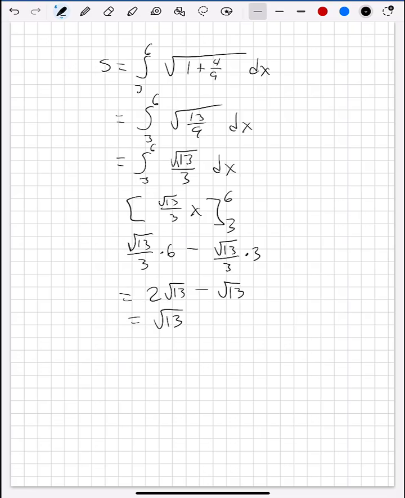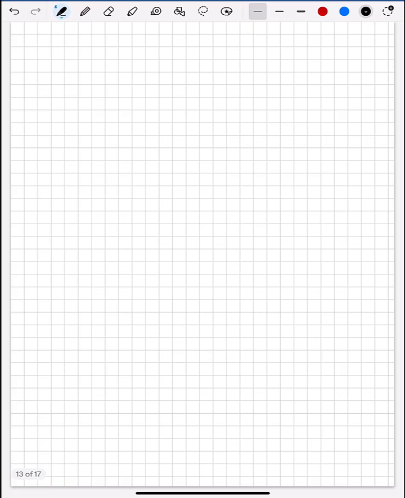Let's look at another example here. Let's say that f of x is 3x squared plus 4, and I'm going to look from x equals 0 to x equals 4. Then my derivative, f prime of x, is 6x.